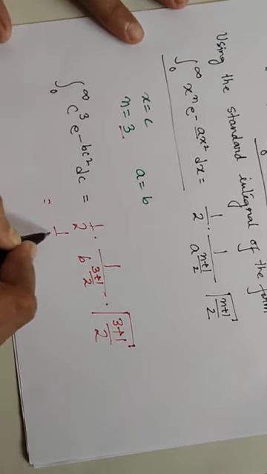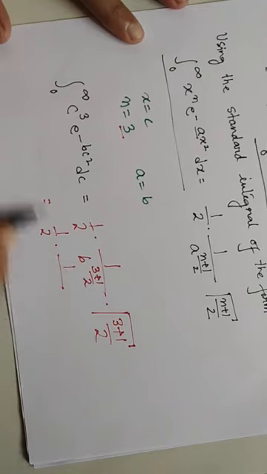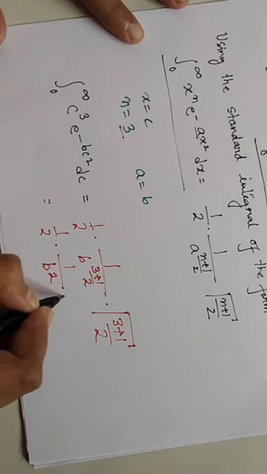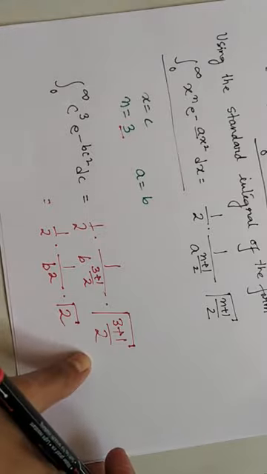So it will become half, b to the power 4 by 2, so b square, and gamma 2. Okay, so what is the value of gamma 2?